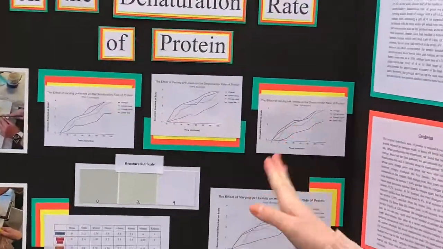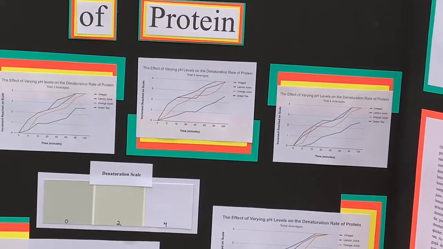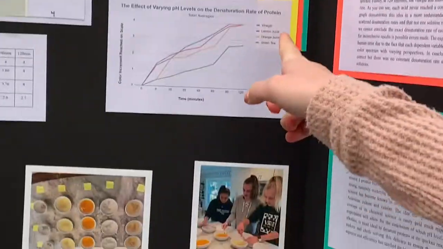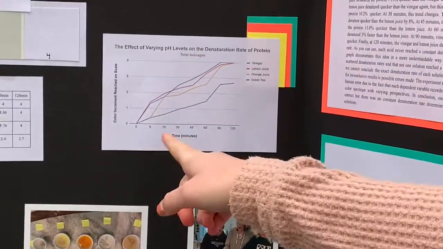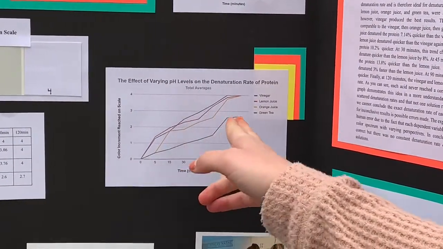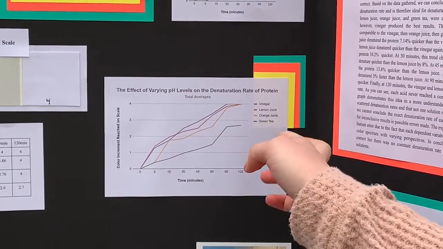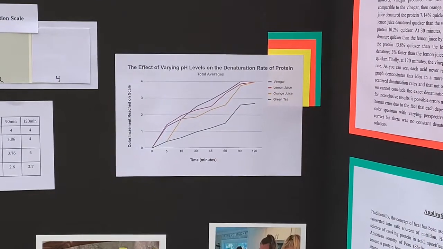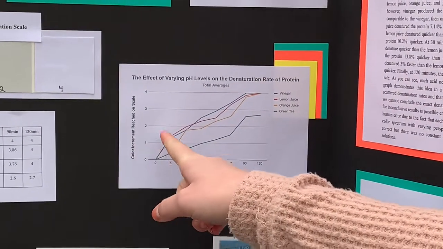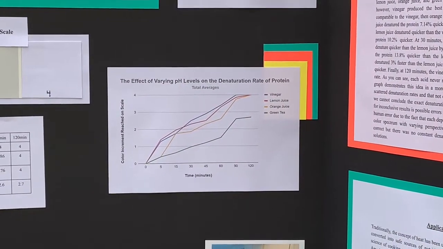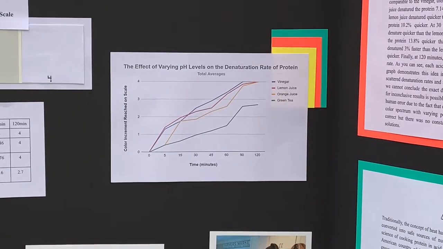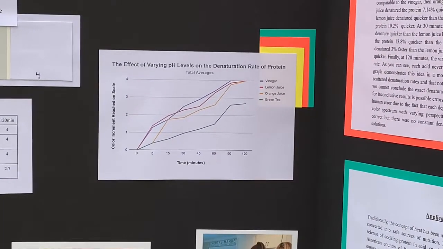These top graphs are each of our individual trials, and this bottom graph is an average of each of our trials. As you can see, vinegar and lemon juice denatured at the most similar rates, with orange juice shortly behind. In the beginning, the lemon juice was actually denaturing quicker than the vinegar, but around the 15-minute mark, that trend changes.